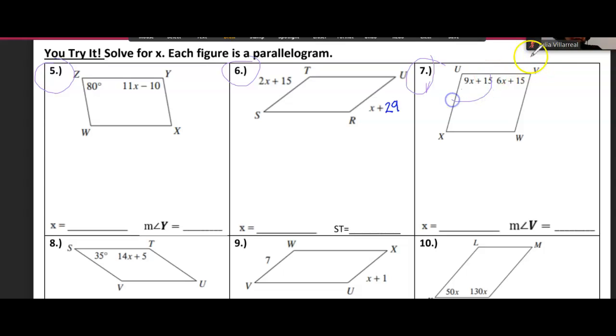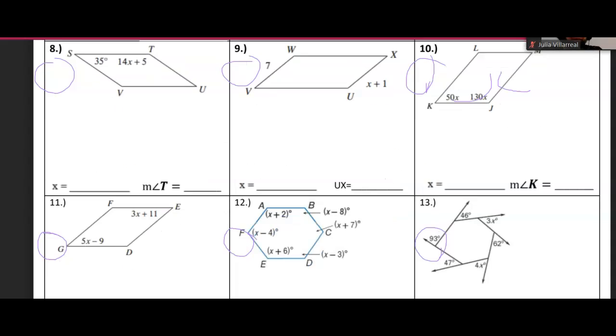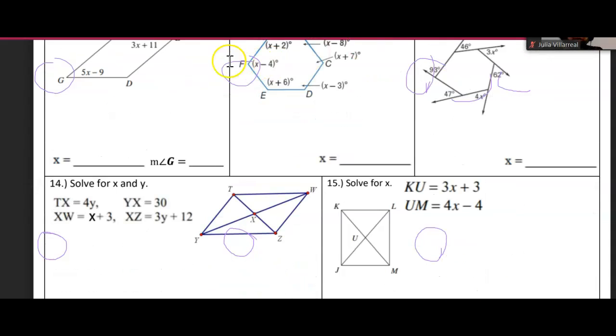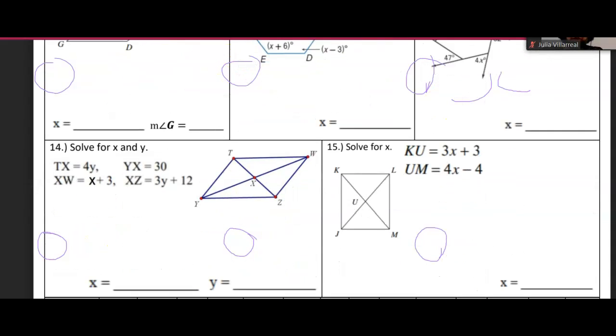This goes with this angle, and this over here goes with this angle V. Number 8, number 9, and number 10. And then these 3 are extra, and then you have to do number 14 and 15. Okay, so number 14 and number 15.